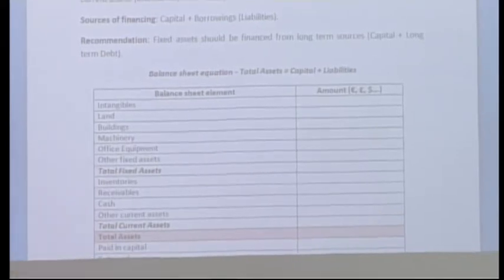When we talk about fixed assets, don't forget one part of our balance sheet and one part of our income statement. What is it? You know it.